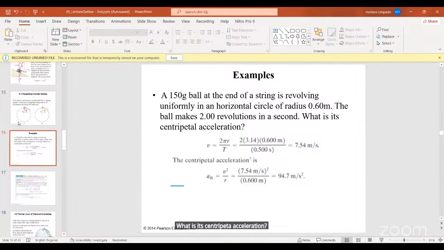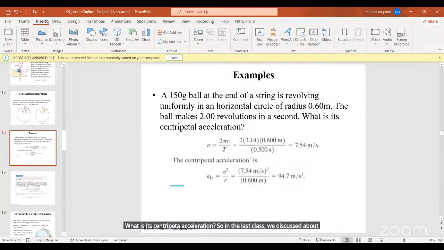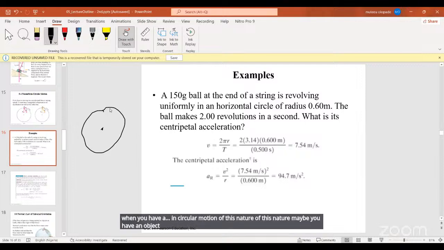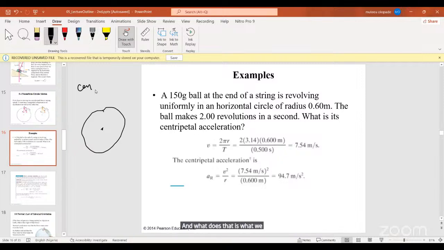In the last class, we discussed that when you have a circular motion of this nature, something keeps the object moving in this circular path, and that is what we refer to as the centripetal force.